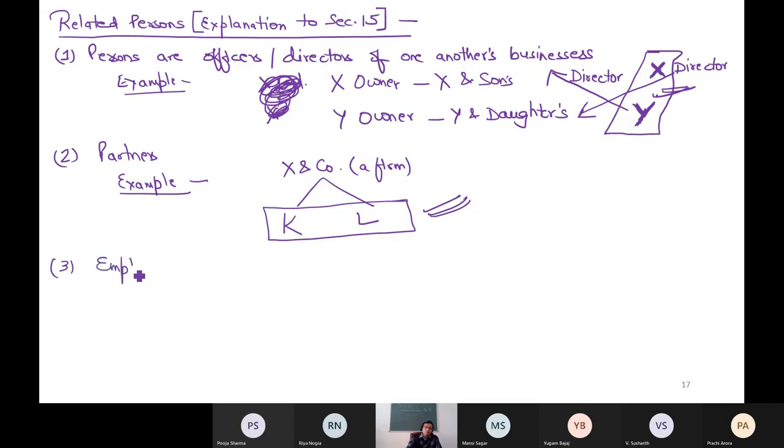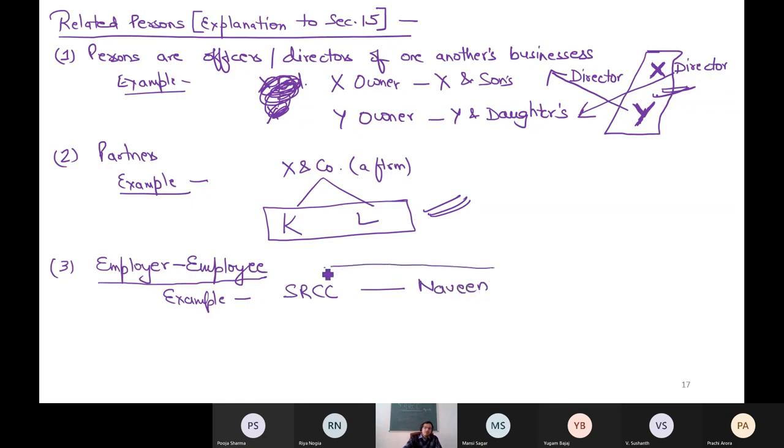Third, when they are employer-employee. Example, SRCC and Naveen, these two are what? Related persons. Any supply of goods or services between these two, even without consideration, but in the course of business, should be treated as supply, and GST is payable.